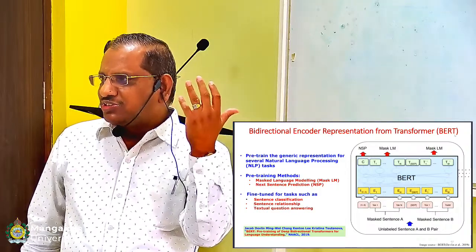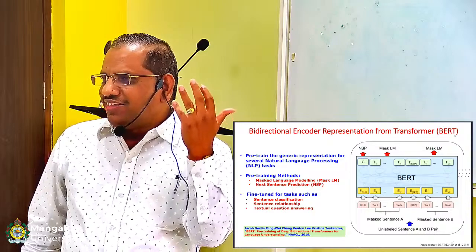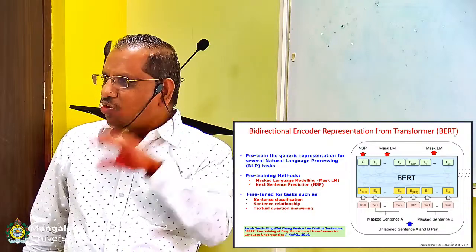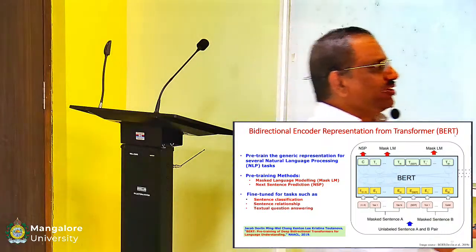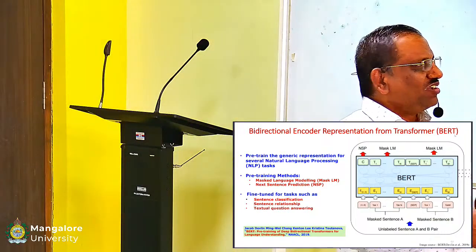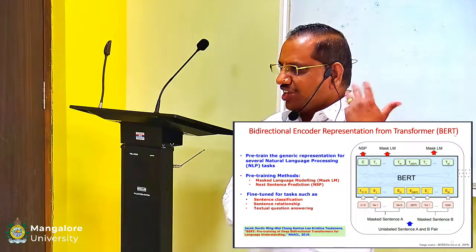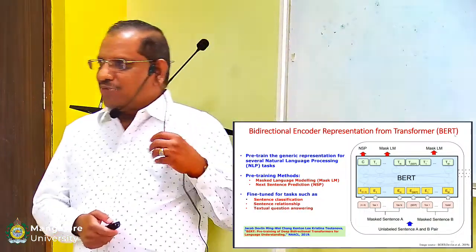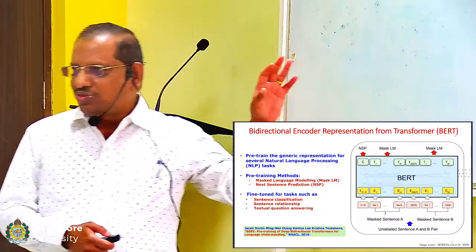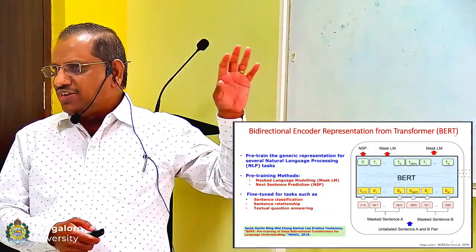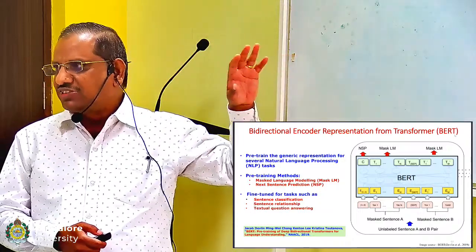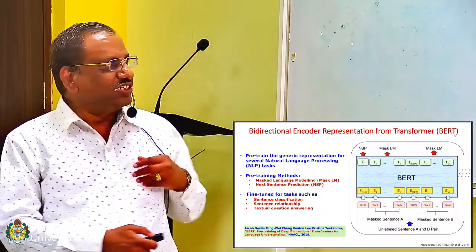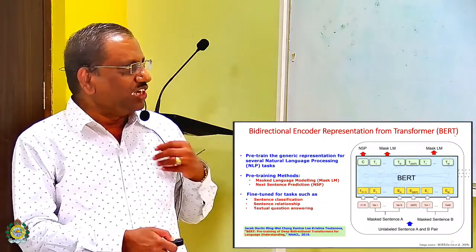And once we have the parameters of the model estimated, then we can do fine tuning for any downstream task. The downstream tasks may be textual question answering or translation or sentence classification or any of these. But you may have only a limited amount of data available for this. So what you do is you take the pre-trained model, then fine tune it for the given task, and then build the system for the final downstream task.